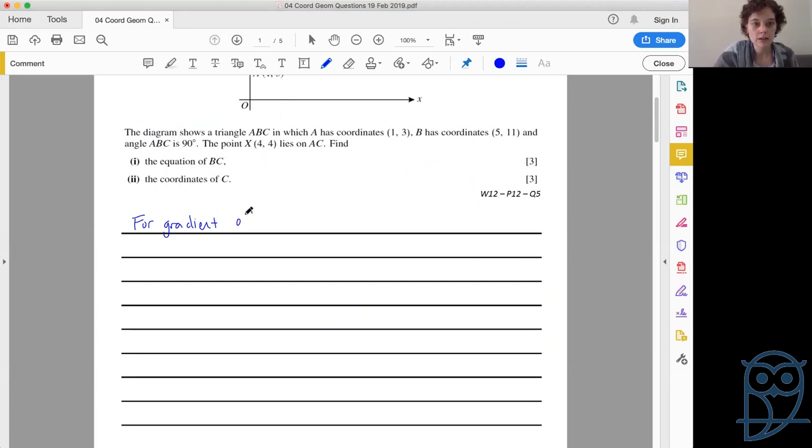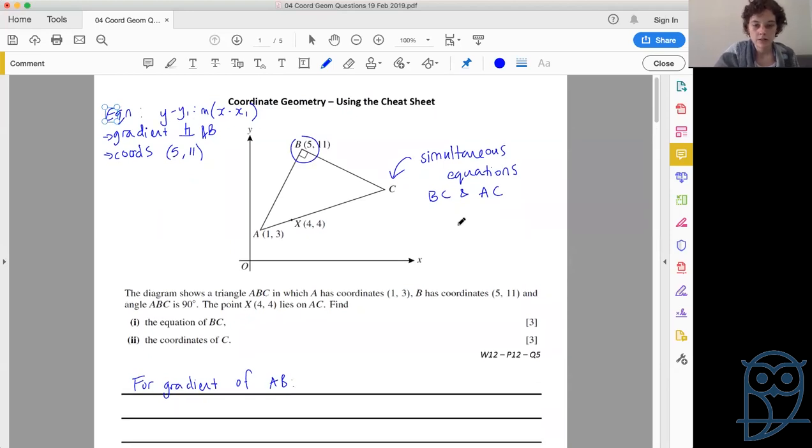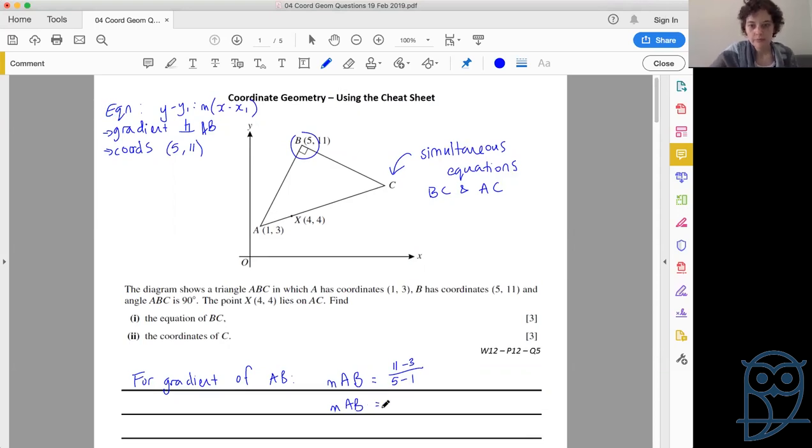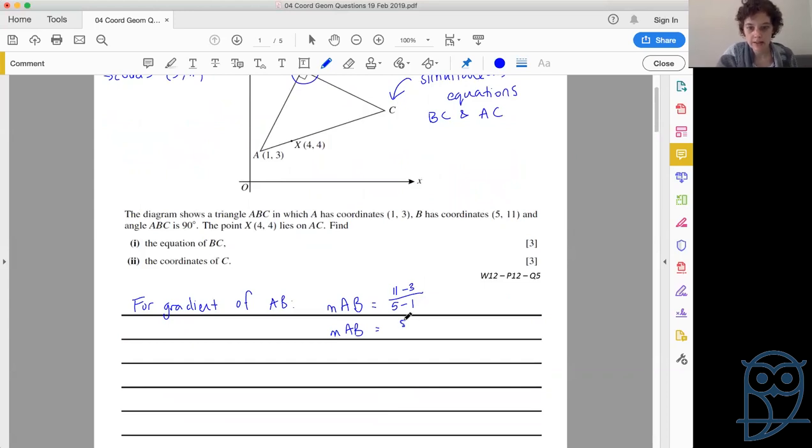Okay, so for gradient of AB, m_AB, little m for gradient, remember? Y change over X change. So 11 minus 3 over 5 minus 1. So gradient AB equals 11 minus 3 gives us 8, 5 minus 1 gives us 4. So m_AB equals 2.